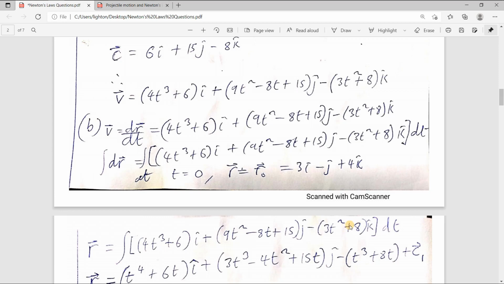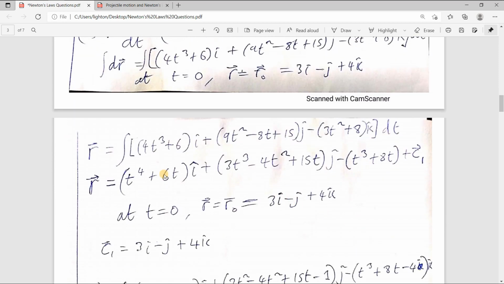So now moving on to integrate this part, we'll have r equals t to the power 4 plus 6t i plus 3t cubed minus 4t squared plus 15t j minus t to the power 3 plus 8t k plus c1. Here I've used a different letter to represent the arbitrary constant, which is vector c.